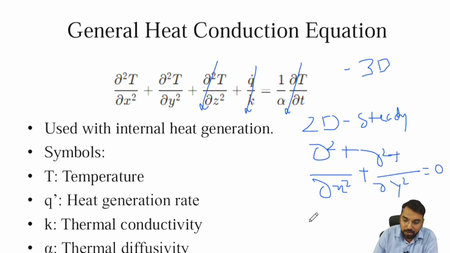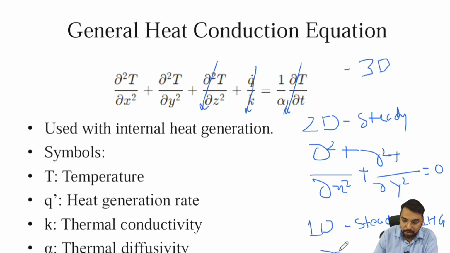Okay, and for one-dimensional, steady state, no internal heat generation, this equation will become: no internal heat generation, so this term will become 0. For steady state, this term will become 0, and only one dimension is present, so the other two dimensions will become 0.